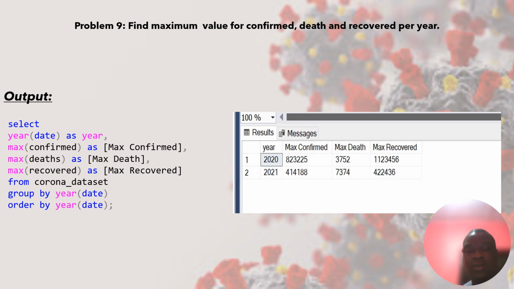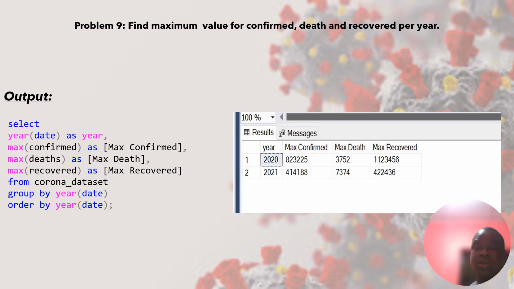For the deaths, in 2020 we have 3,752 as the highest value, while in 2021 we have 7,374 as the highest value of death cases.